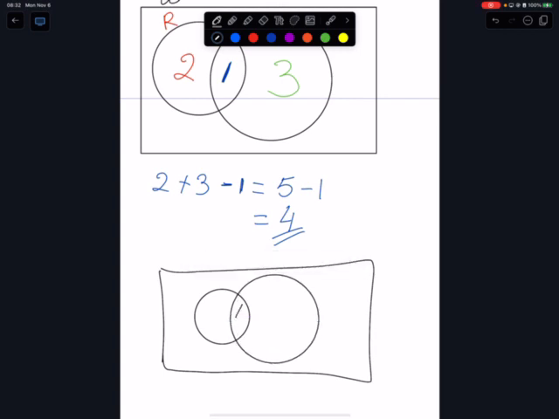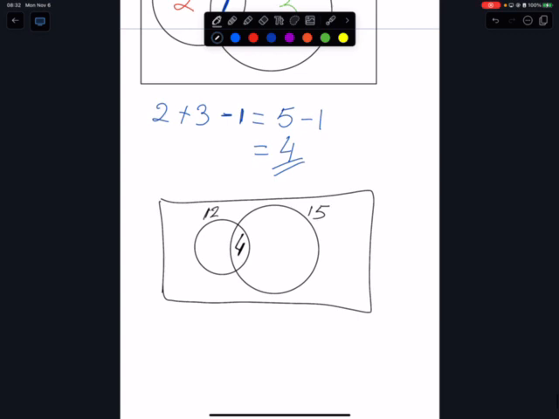He only has 4. Here it says 12, and then we have 15. How many actually only have faulty stitching, and how many actually only have faulty gluing?